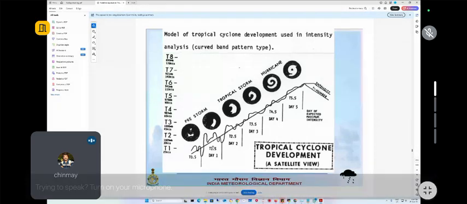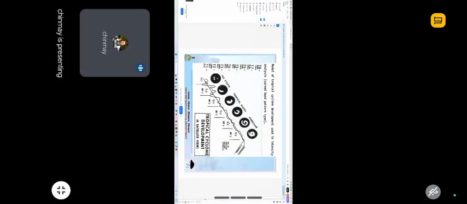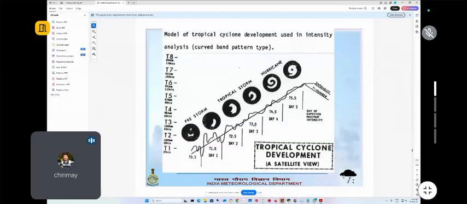So if the T number on day 1 is T 1.5, on the next day it will be 2.5, etc. If your particular intensity is following higher than this, if your T number is increasing by 1.5 each day instead of 1, then it is called rapid intensification of the cyclone.